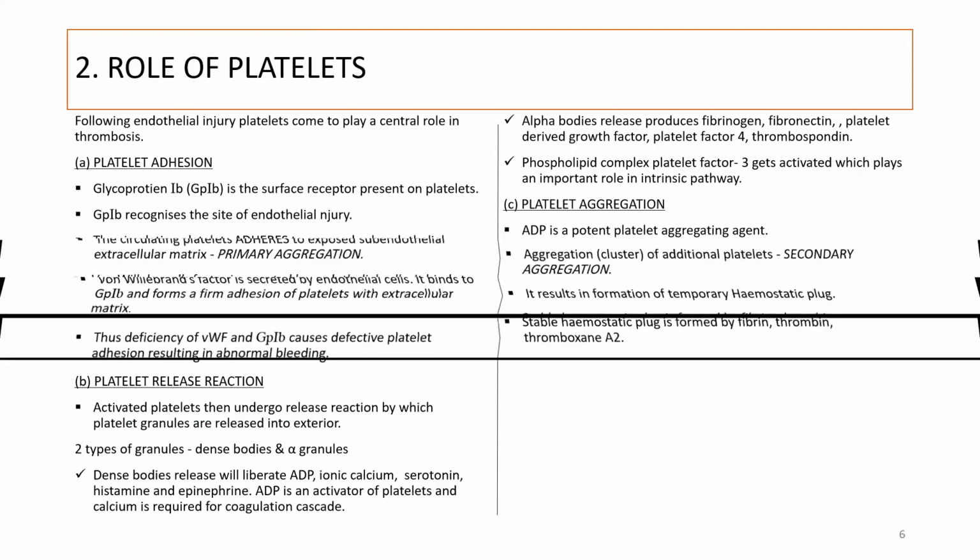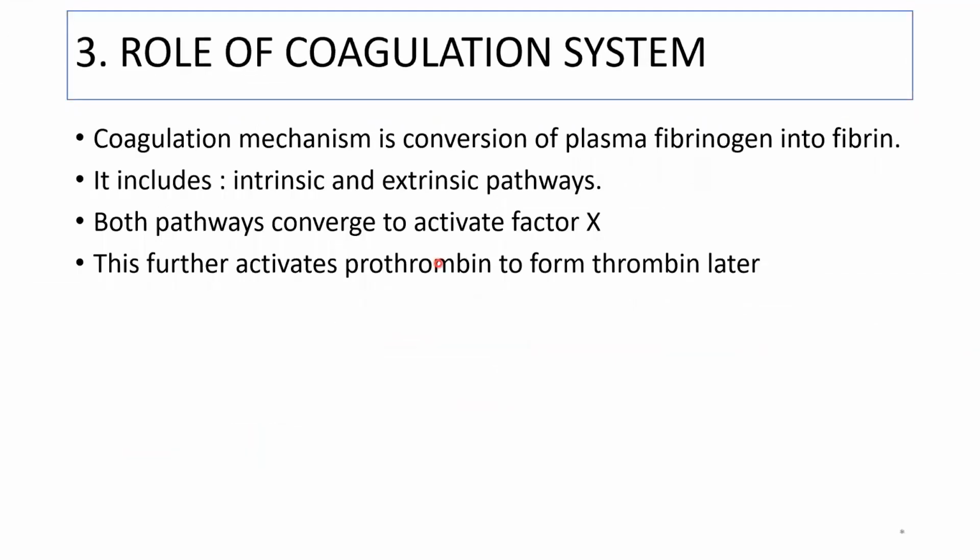Next, we'll be seeing the role of the coagulation system. The coagulation mechanism is the conversion of plasma fibrinogen into fibrin. In plasma there is usually no presence of fibrin.